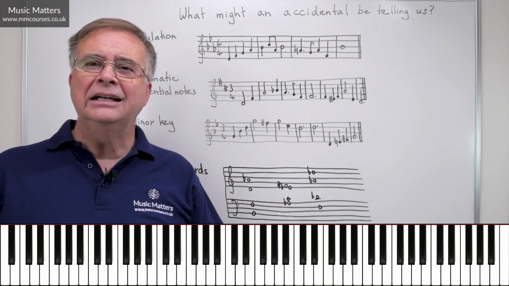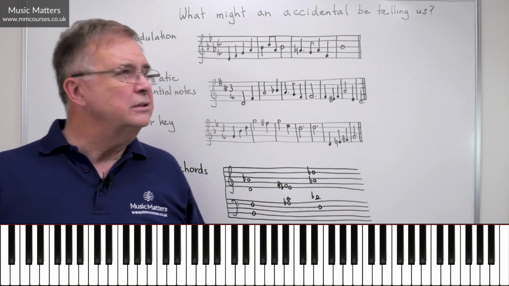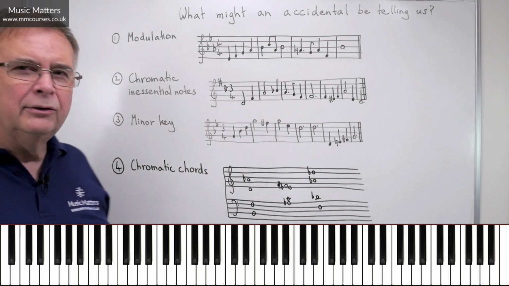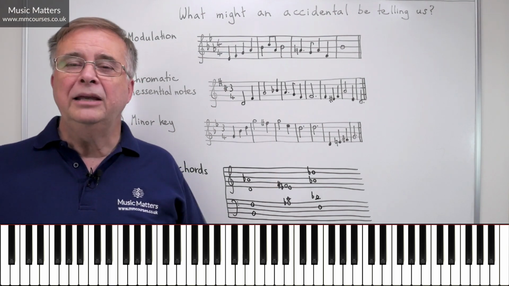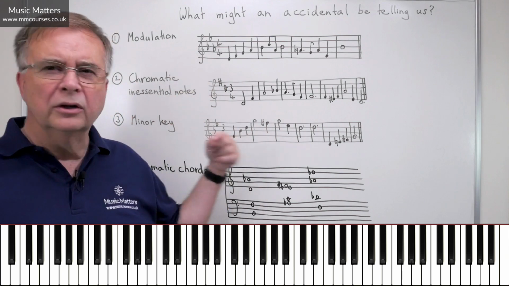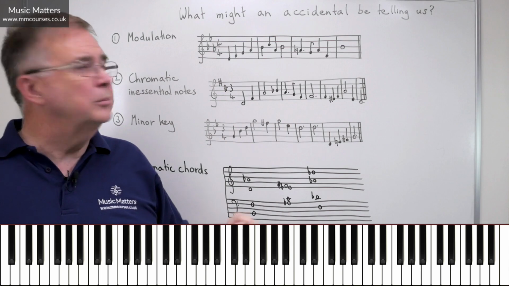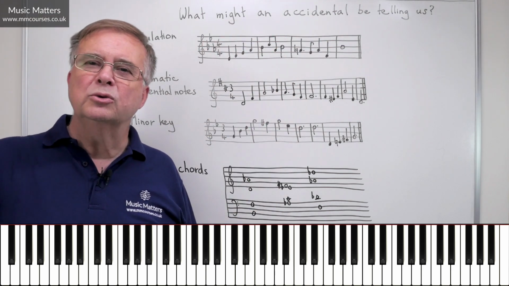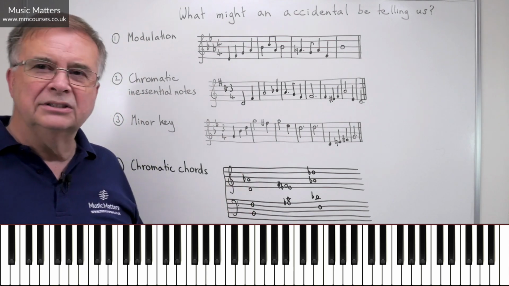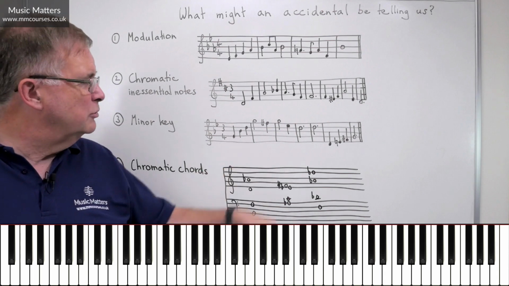So if you're trying to analyze a piece of music and you're trying to work all this stuff out, when you see accidentals, have a think. Which of these areas do those accidentals seem to fall in? And when you're playing music, it's quite handy to know what's going on, so you know how to use these little colouring notes, for example, or how to flag up a slight rising of the emotional temperature when we have a modulation, for example, or maybe just to take a little bit of time and paint these chromatic chords.